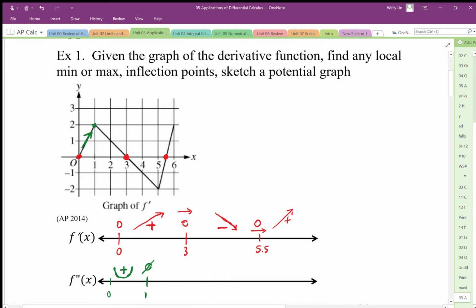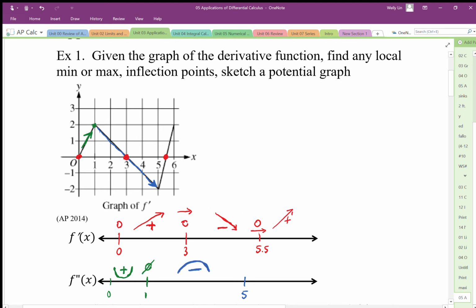From here all the way down to here. Again, remember we're looking at slope. So from 1 to 5, it looks like there is a negative slope for that whole region.